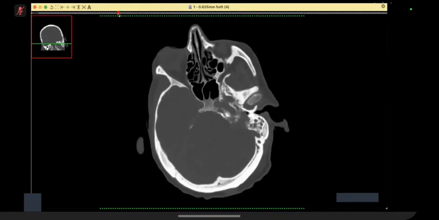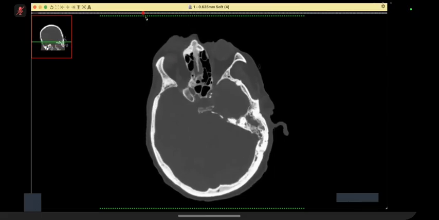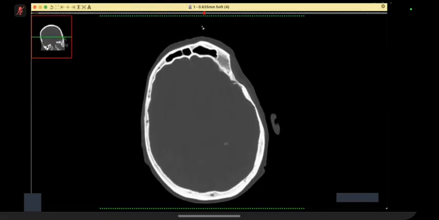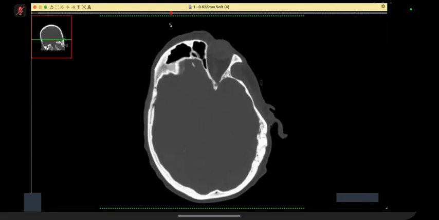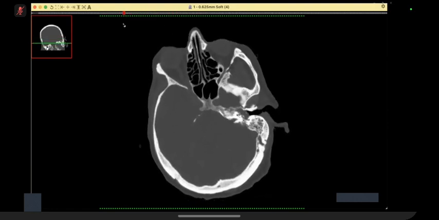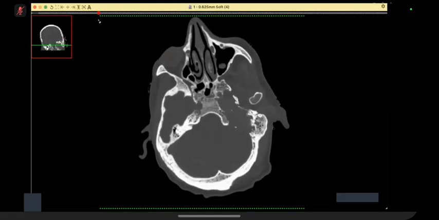I assume that there is some extension also to the middle ear. My differential for this lesion may be a glomus jugulotympanicum tumor. Another differential may be a schwannoma, which is less likely because a schwannoma will not cause that much destruction. Another differential diagnosis may be skull base metastasis.